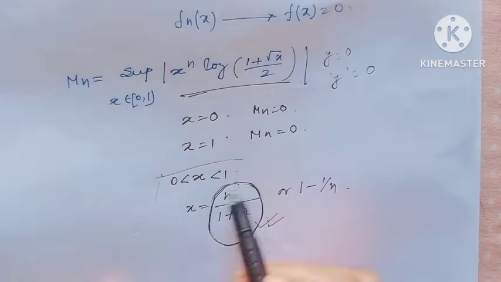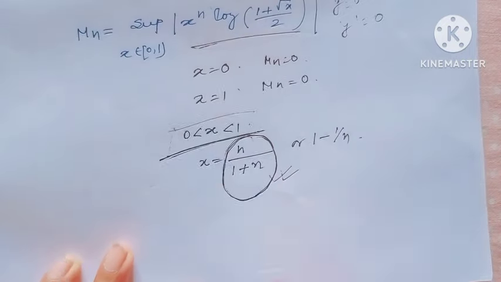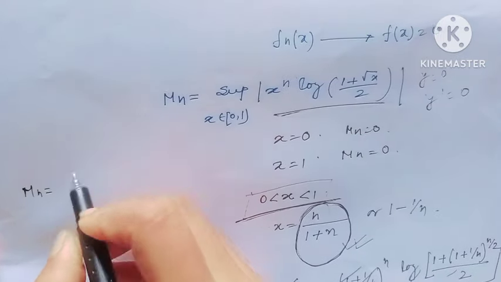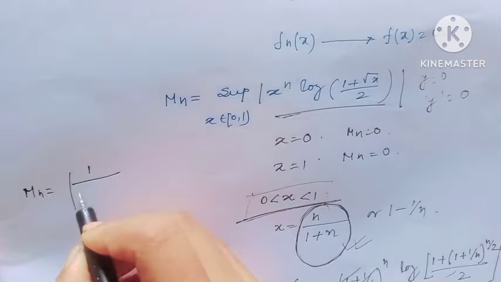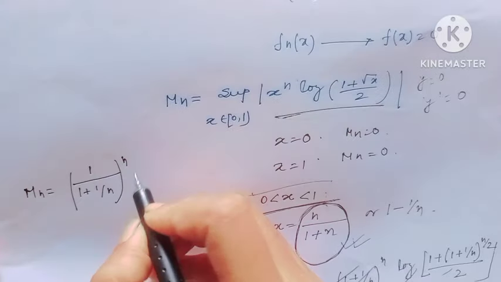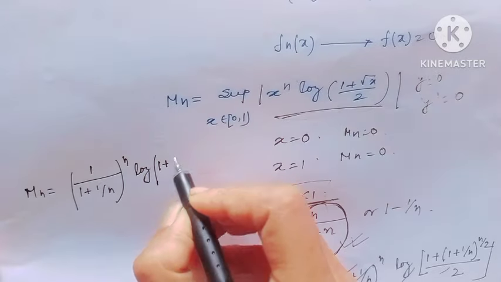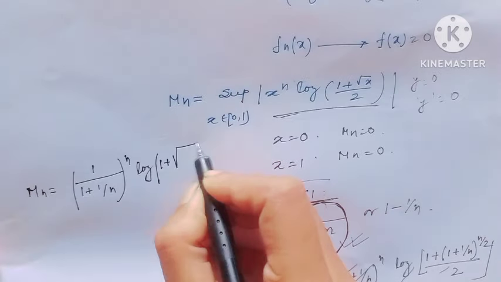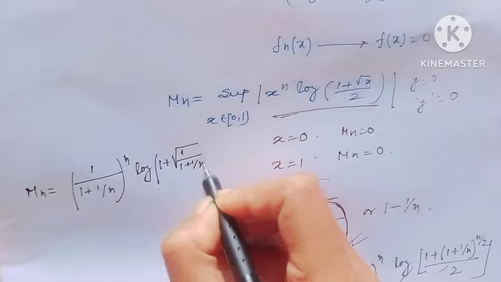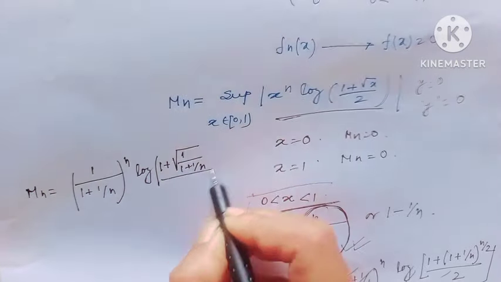When x lies in this interval, then Mn would be (1/(1 + 1/n))^n log((1 + √(1/(1 + 1/n)))/2).